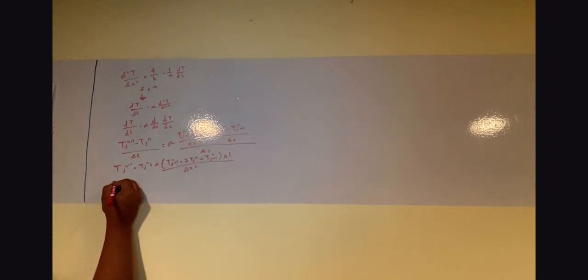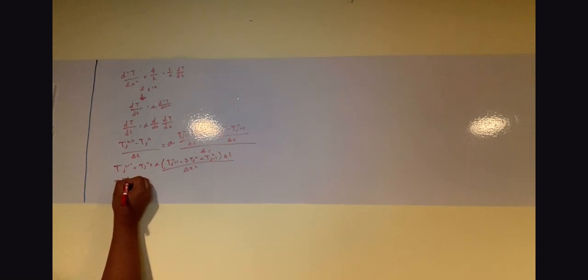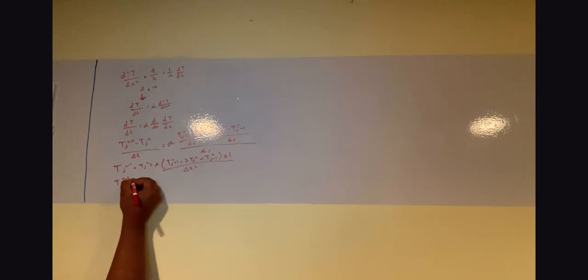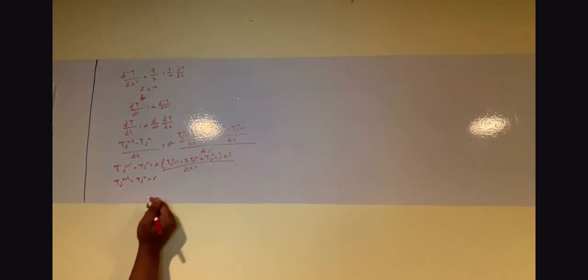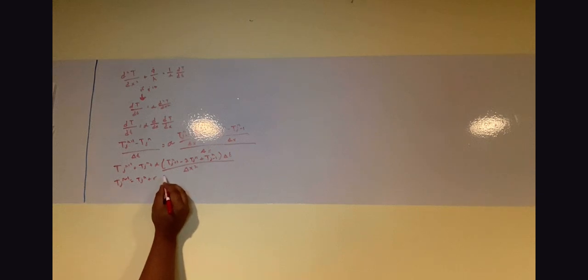And the next thing we do is clean that up a bit. So we have Tj n plus 1 is equal to Tj n plus r times Tj plus 1 n minus 2 Tj n plus Tj minus 1 n. So r is just going to be our alpha change in t over change in x squared, so we don't have to keep writing that.